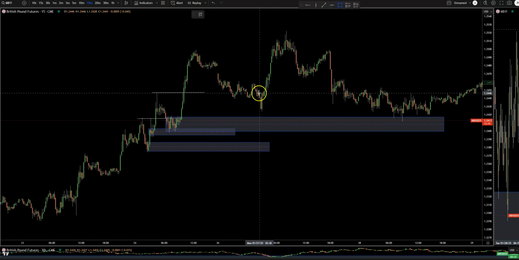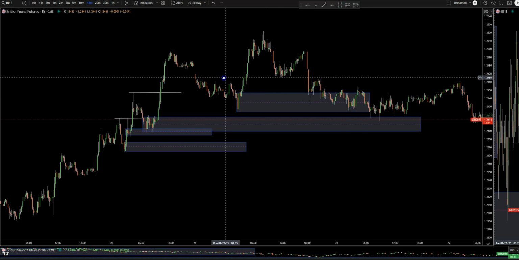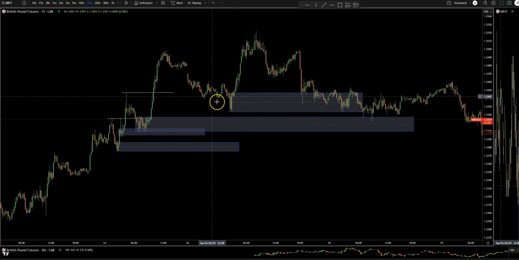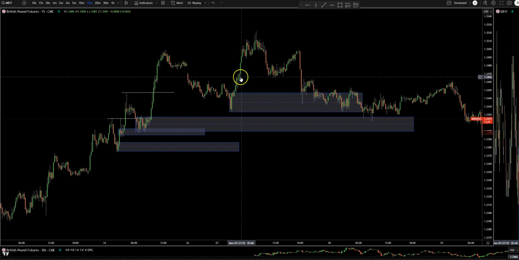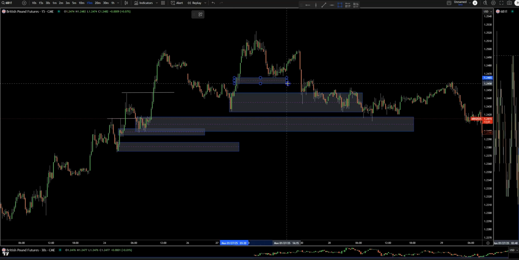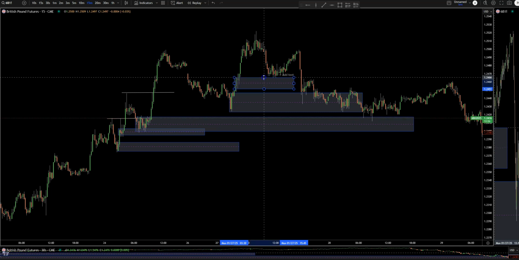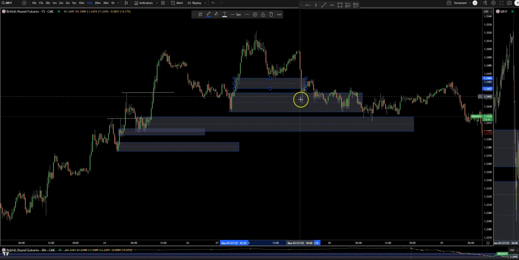You could call this area a supply or demand zone. Not my favorite, but you could call it, because it's the reaction. I mean, it's the base before the push up that clears this zone. You could call this, remember we said pauses in price action. You could call this, and depending on how you draw it, some people draw wick to wick, some people draw just the base or just the candle. You could have got a reaction there, or you could have just got blown through there.